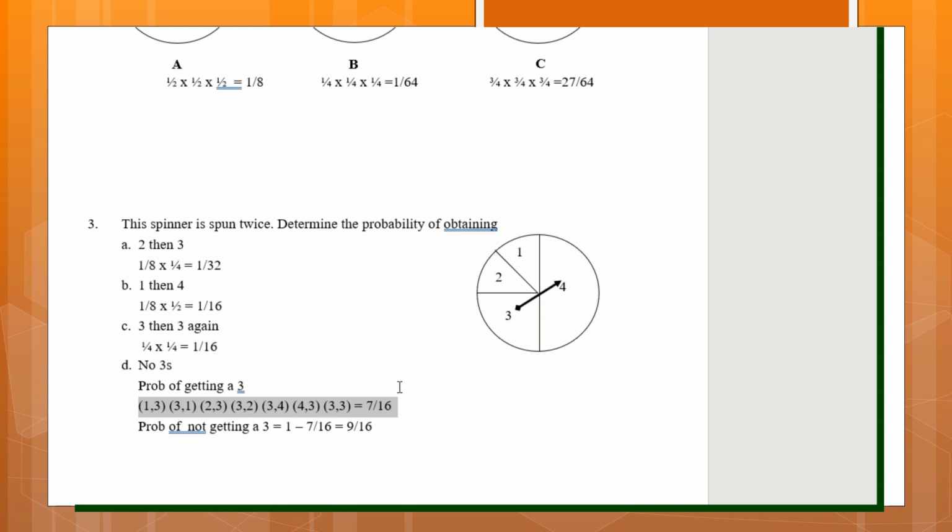You find 1 by 1, then you add up, and the probability of not getting a 3 is 1 minus the probability of getting a 3, you'll get 9 over 16. Or you can straight away find the probability of not getting 3. That means 1, 2, 2, 1, 1, 4, 4, 1, also can, doesn't matter. Okay?